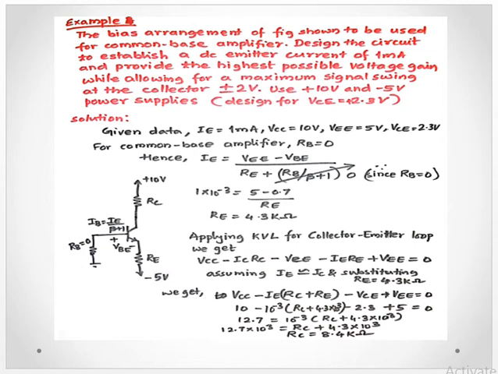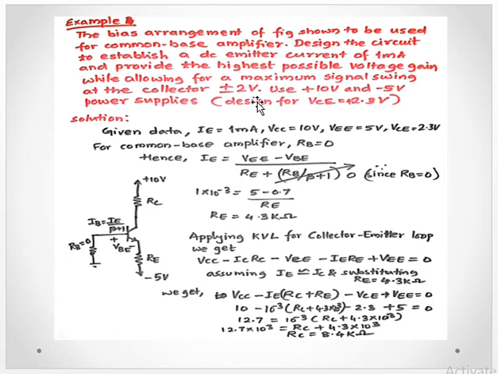We see one example here. The bias arrangement of the figure is to be used for a common base amplifier. Design the circuit to establish a DC emitter current of 1 milliampere, and provide the highest possible voltage gain while allowing for maximum signal swing at the collector of plus or minus 2 volt.